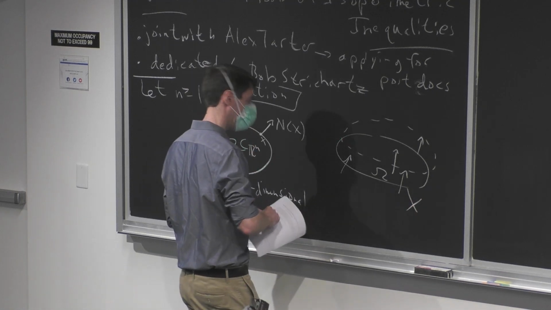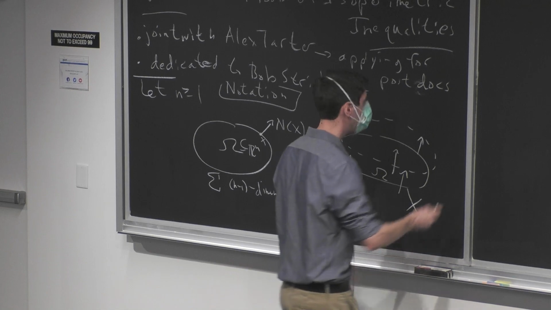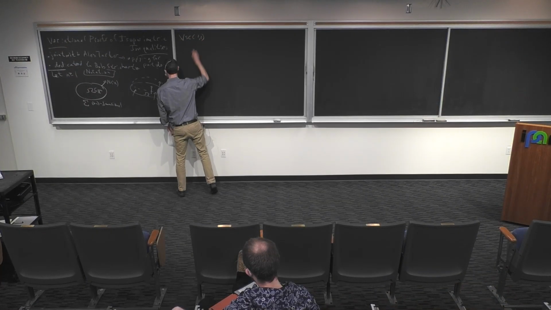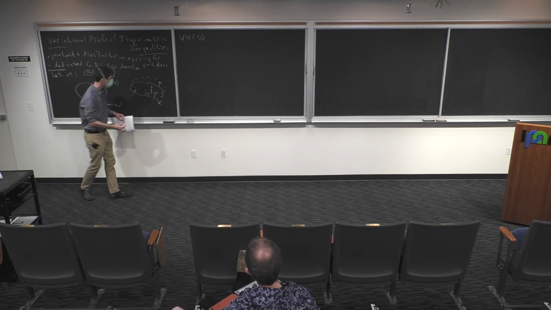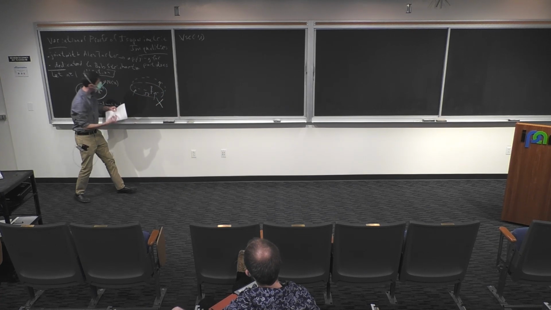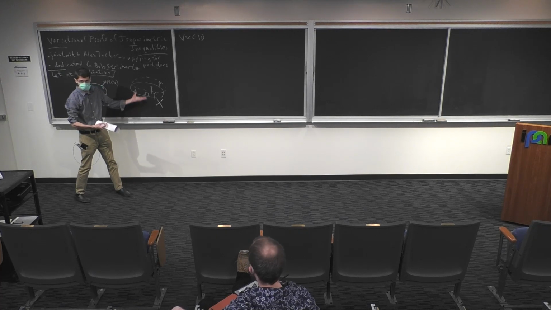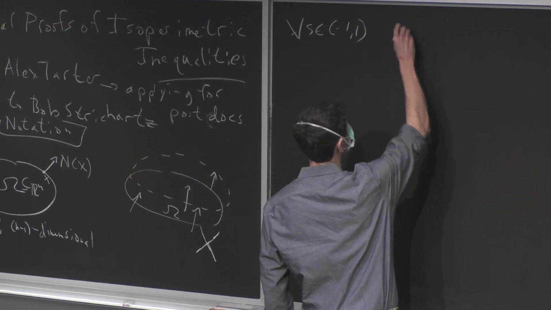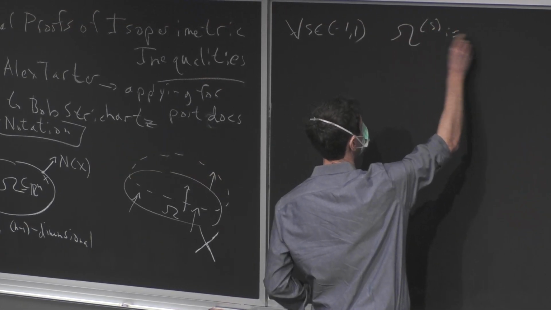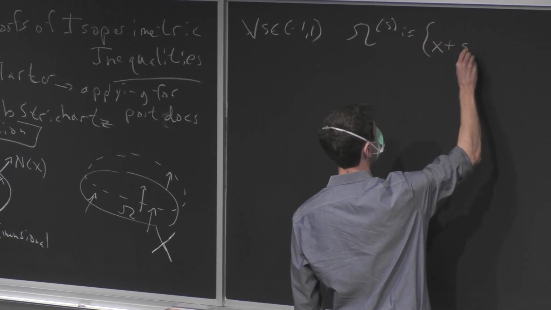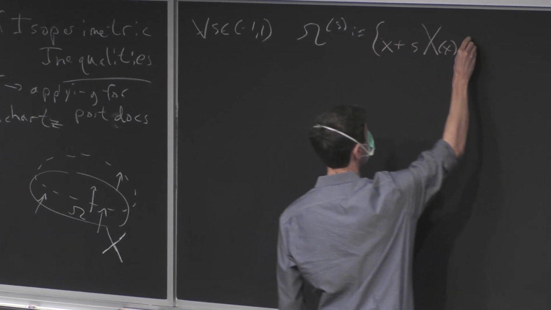And let's see, I think I need to move on the other board. So for any S. So the vector field, the usual thing. It lets us move our set. So for any S, omega S, it's just a set that's moved by the vector field.